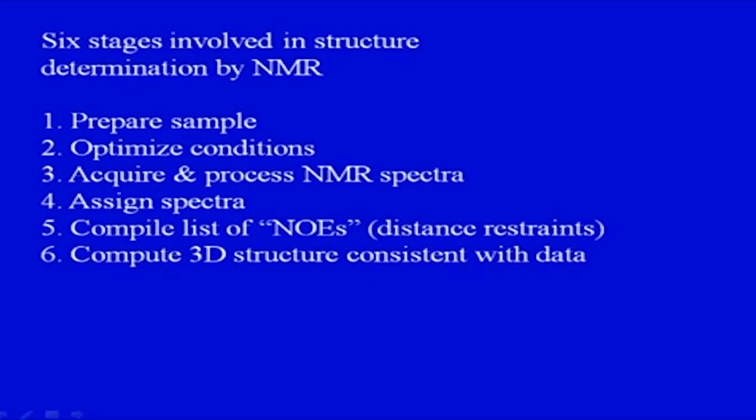Then compile the list. For example, if you are doing 1D NMR, it is a simple proton NMR, and it identifies different protons in various chemical or electronic environments. But apart from one dimensional, it could be two dimensional or three dimensional spectroscopy.